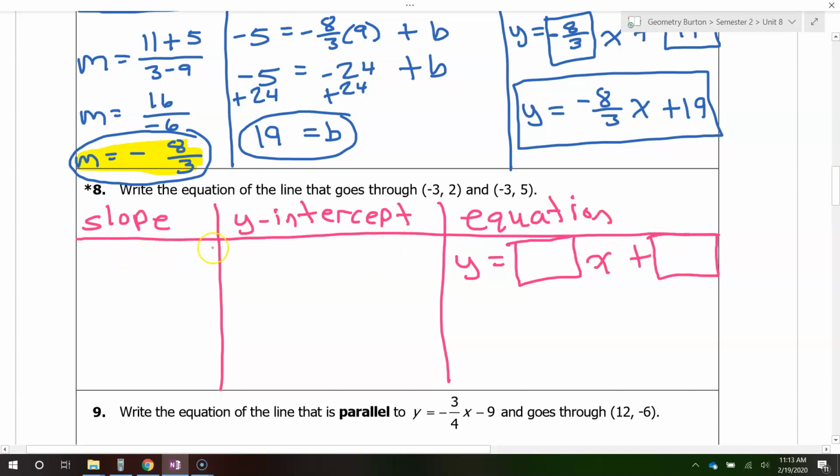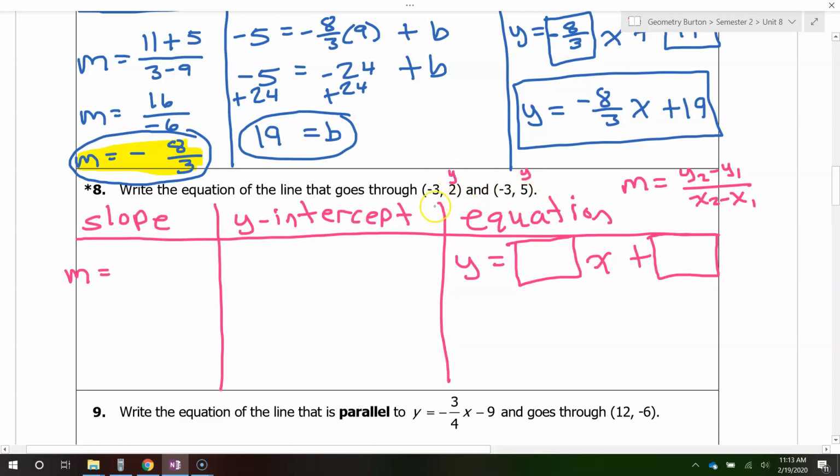So first we need to find the slope, just like we did before. So again, we are using the little equation that the slope is y2 minus y1 over x2 minus x1. So when I go to find the slope, I'm going to do y minus y.